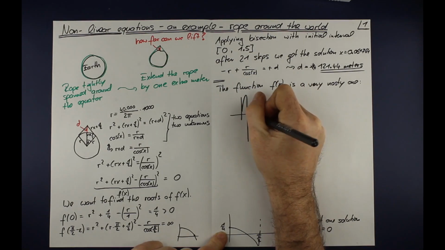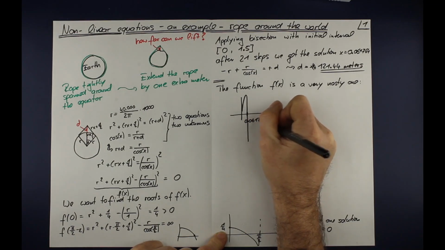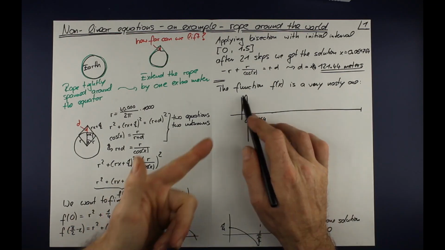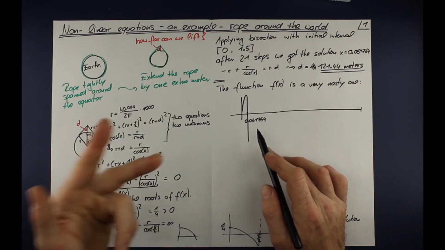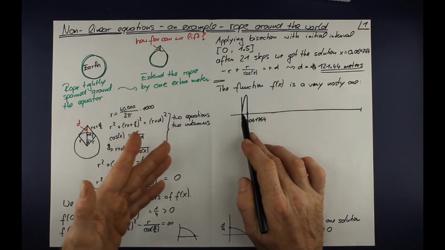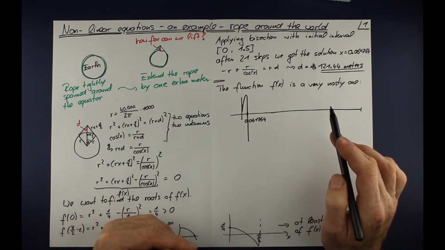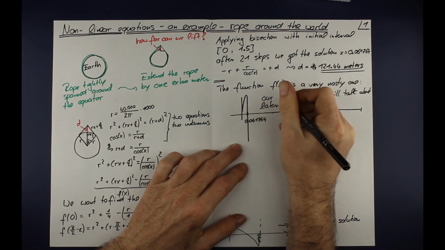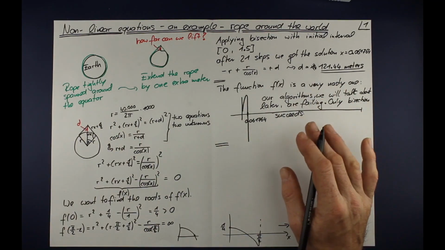And this is the 0.061764. And this structure of the function implies that Newton method, the secant method, regula falsi, all will fail. So unfortunately, this is a very nasty function. Okay, so this is our situation.